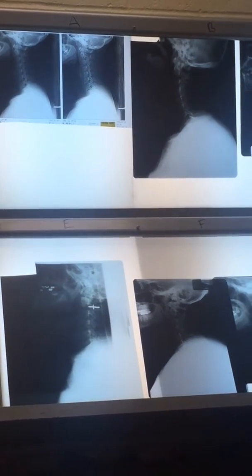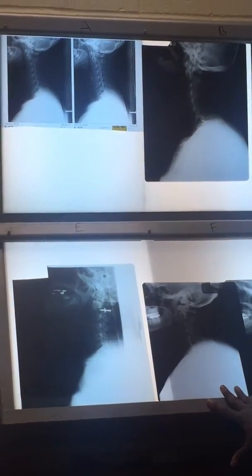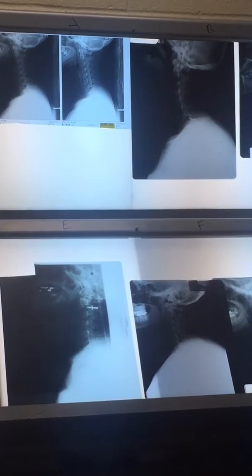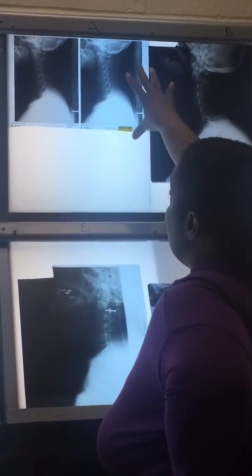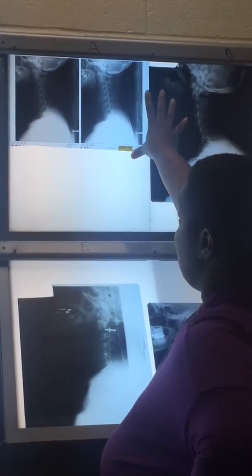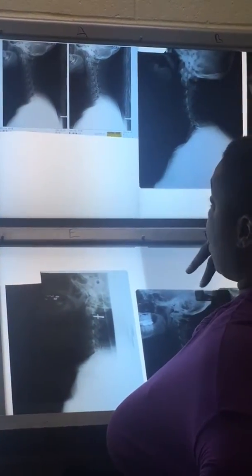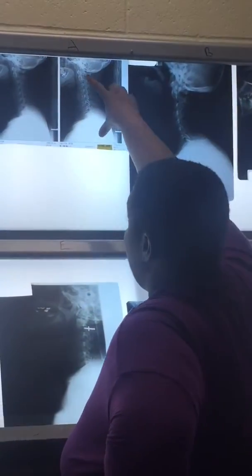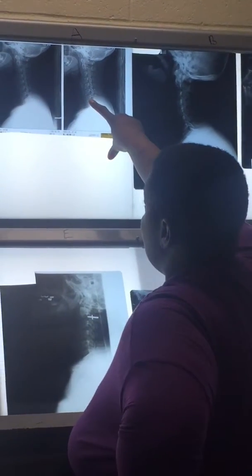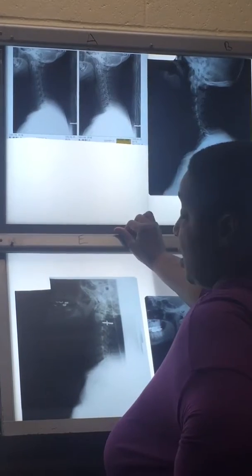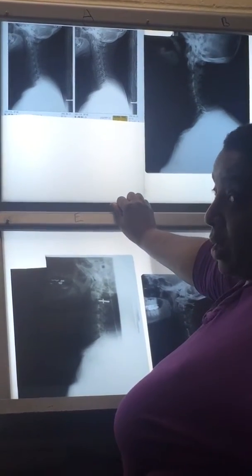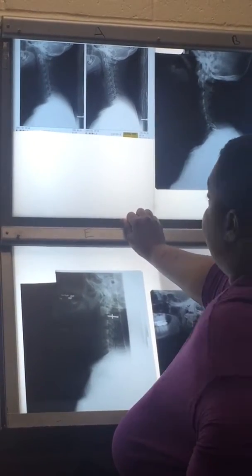Then there will be 2 or 3 other laterals that are not textbook, and we'll talk about them after we get through the routine first. So the answer here would be C1 through C7 and the top of T1. That's your answer to that question.